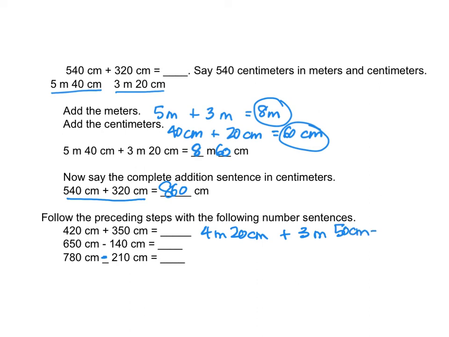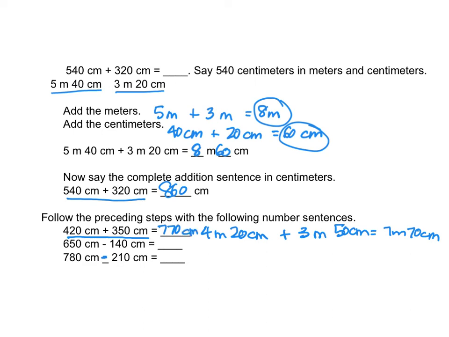We're going to add our meters. 4 plus 3 meters is 7 meters. And we'll add our centimeters, and we have 70 centimeters. Now we're going to say the whole thing in centimeters. 420 centimeters plus 350 centimeters equals 770 centimeters. Is that making sense?